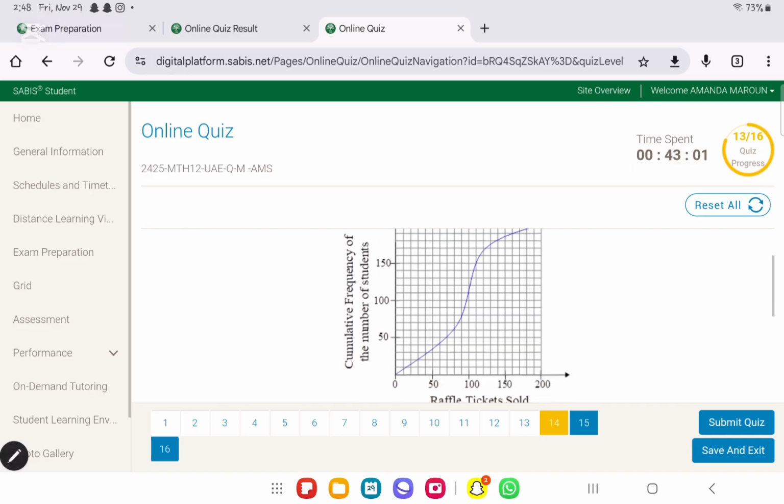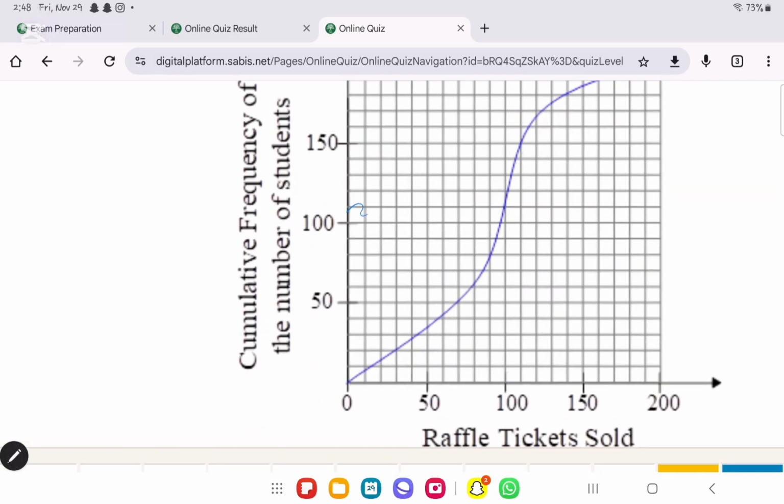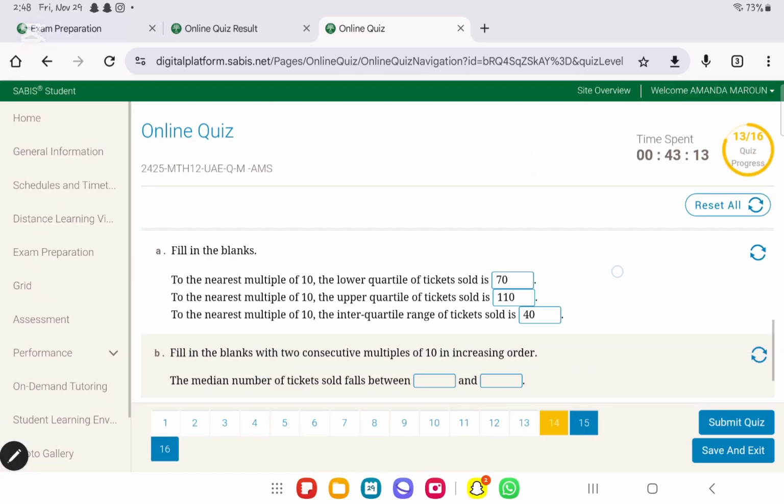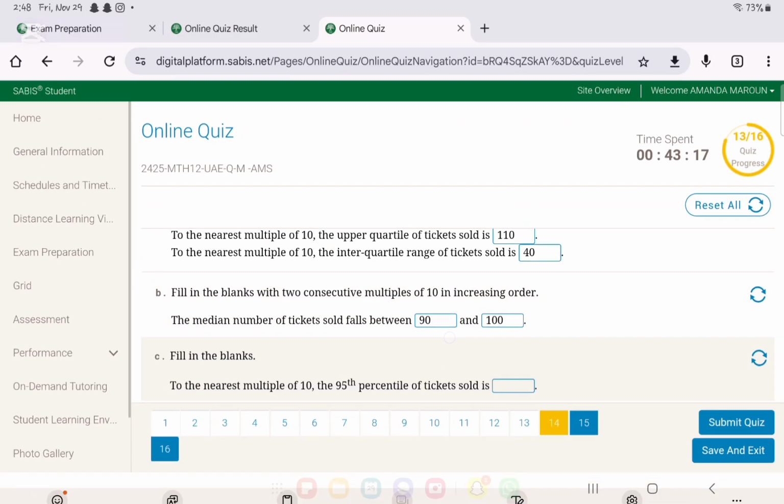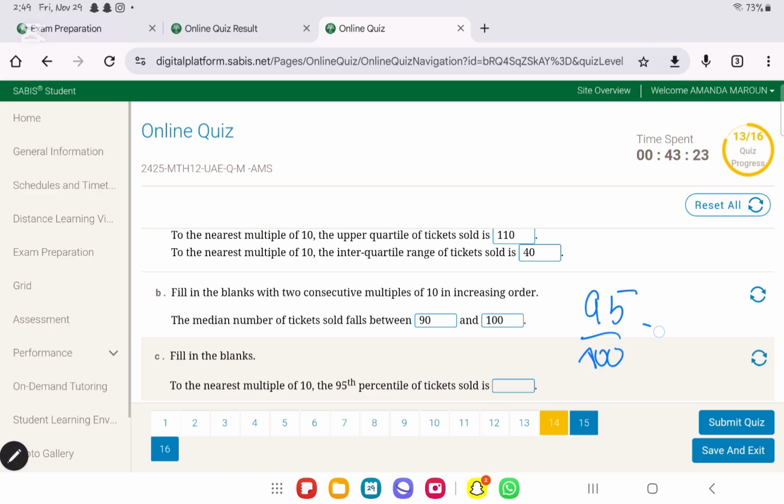Now you check in the cumulative frequency, 100, and it's over here. It is between 100 and 90. So the answer is between 90 and 100. Now they need the 95th percentile. What does this mean? That means 95% times the total tickets, which is 200. 95 over 100 times 200, this is 190.